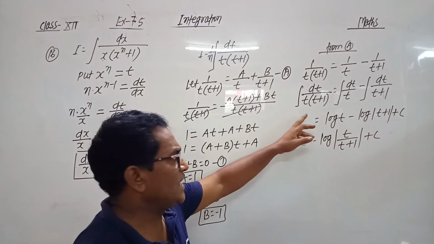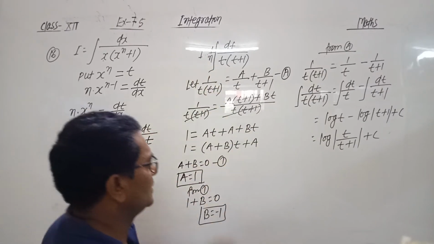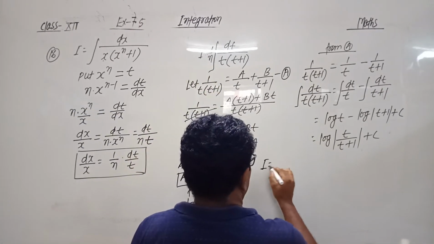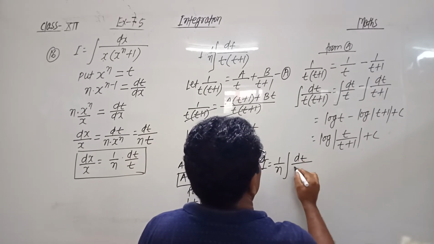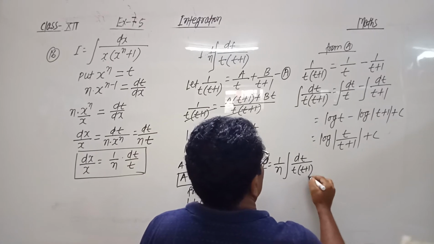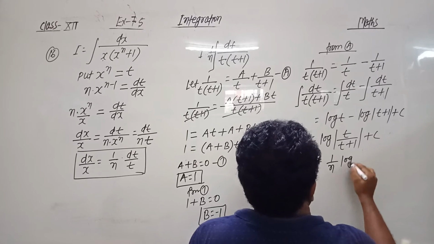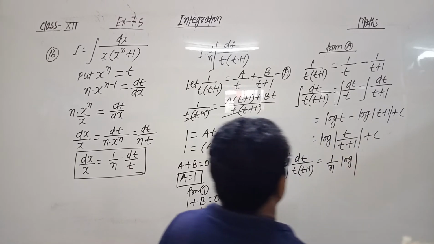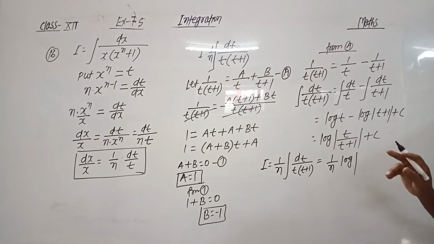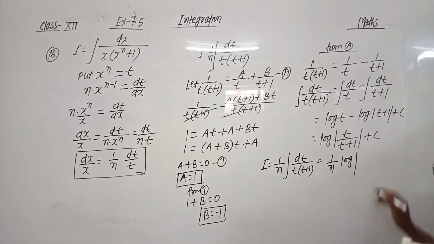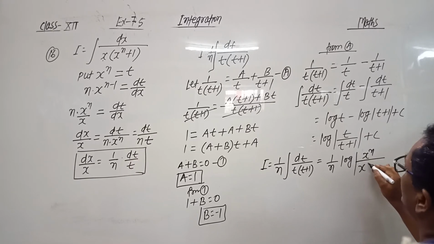This is the value of integration dt upon t into t plus 1. But in our question, there was I equals 1 by n integration dt upon t into t plus 1. So multiply both sides by 1 by n. So 1 by n log t upon t plus 1 plus c. Now put the value of t. The value of t is x raised to the power n.